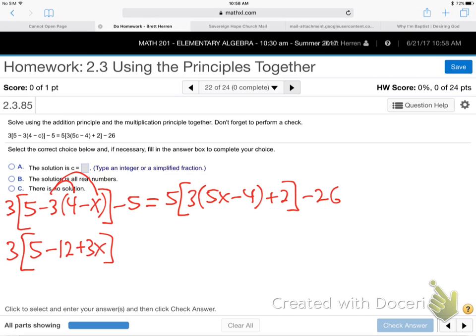Did you get it's a plus 3x there, huh? And we're distributing through the inner parentheses first.